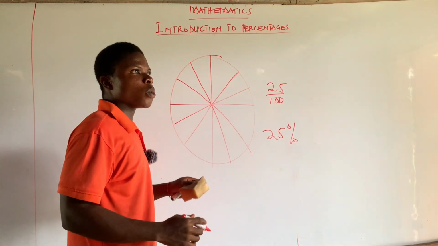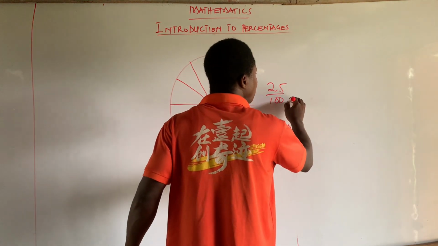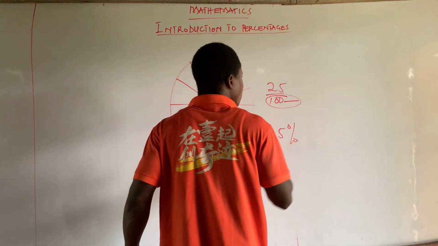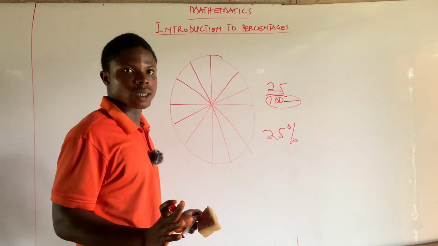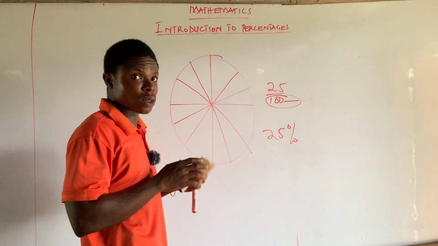What I mean here is the denominator is constant. The denominator here is 100. That is why it is called percent.